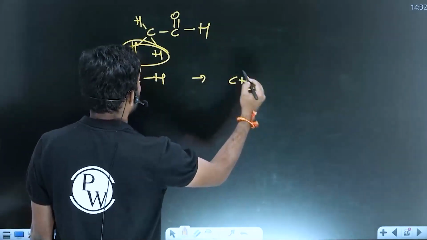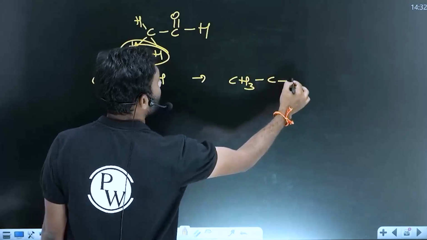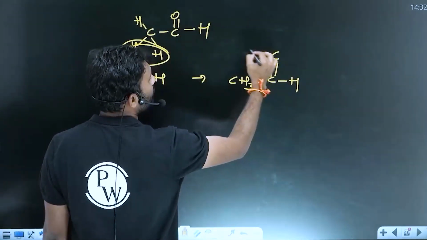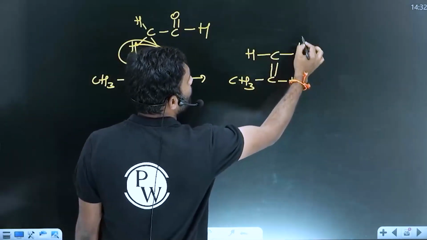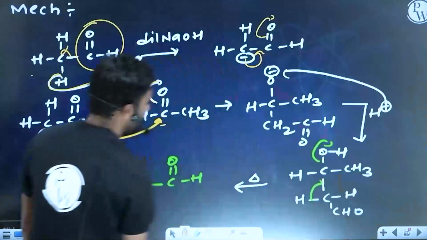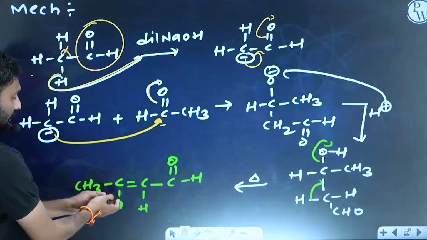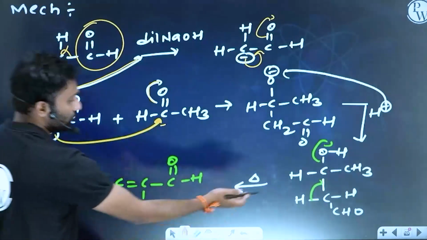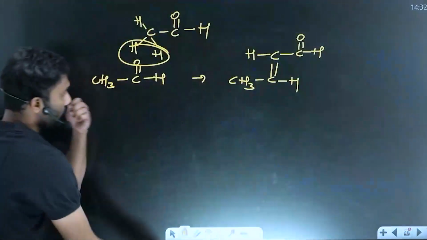CH3, carbon, here hydrogen, now double bond. Here carbon, here hydrogen, now C double bond H. Now look here, both are the same: CH3 C single bond H double bond C single bond H, and the aldehyde group here is also the same.